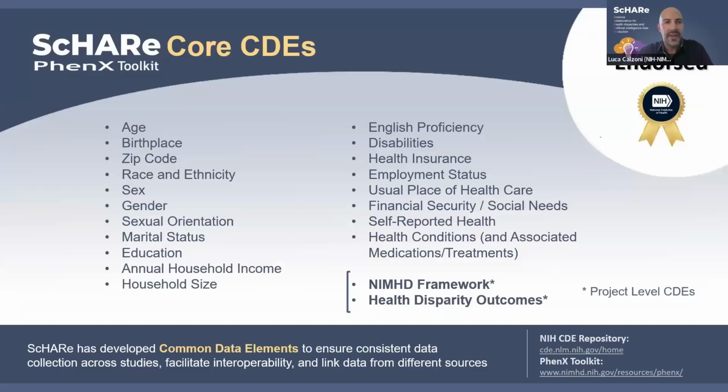But first, I wanted to give you a quick look at our CDEs, our common data elements. As you can see, most of them are related to the social determinants of health or demographic data.